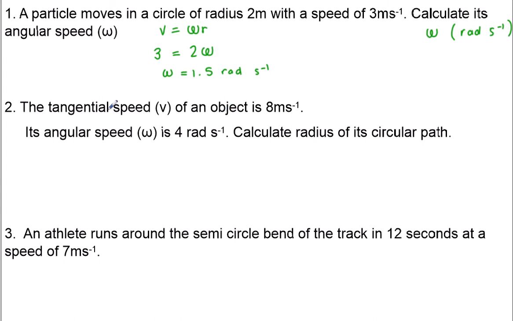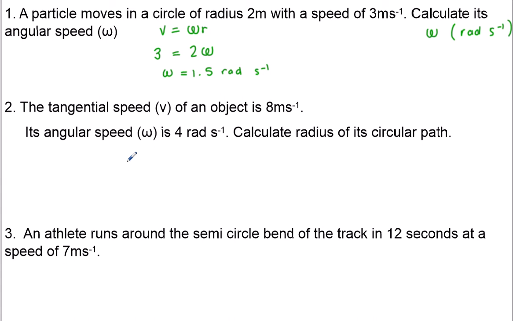Number 2. The tangential speed v of an object is 8 meters per second, and its angular speed omega is 4 radians per second. Calculate the radius of the circular path. Now, if I've got 2 objects, and one is on a short string and one is on a long string, their angular speed can be the same.